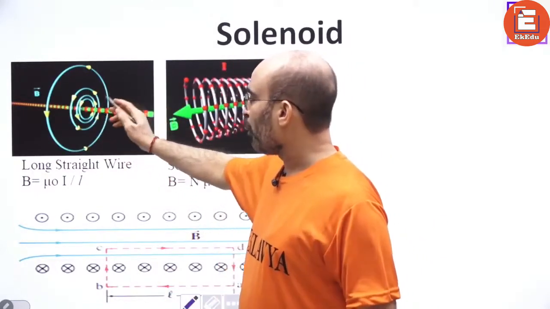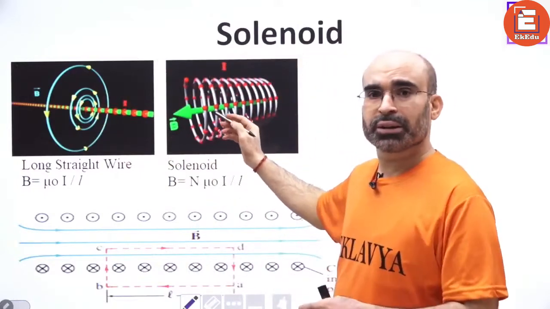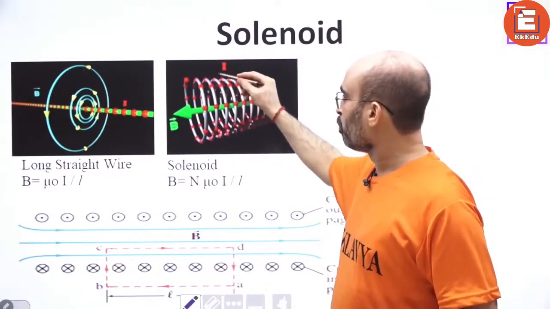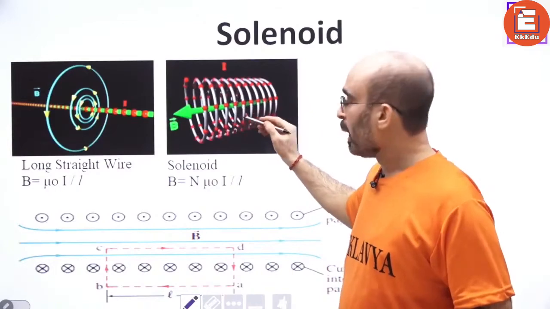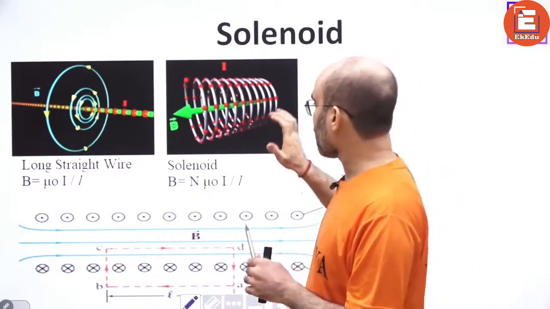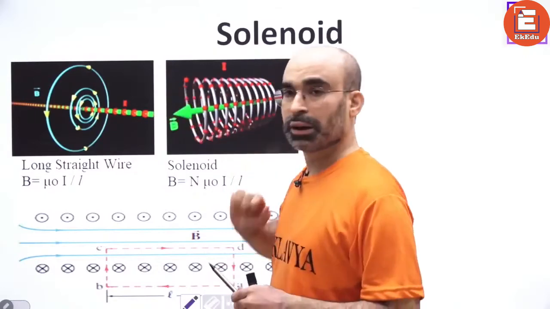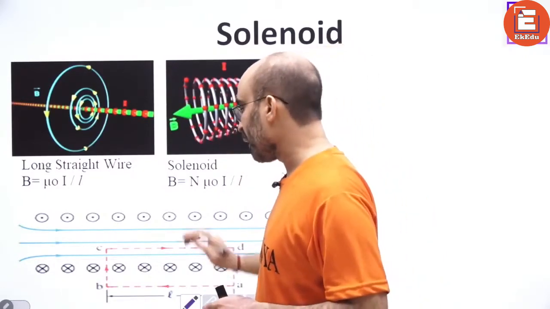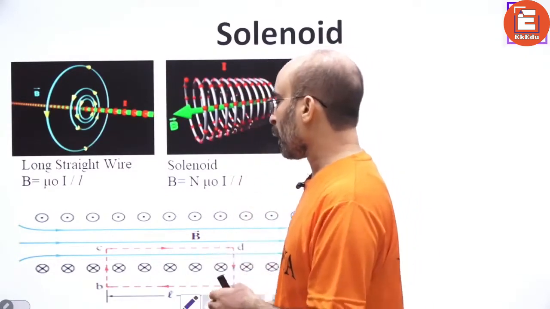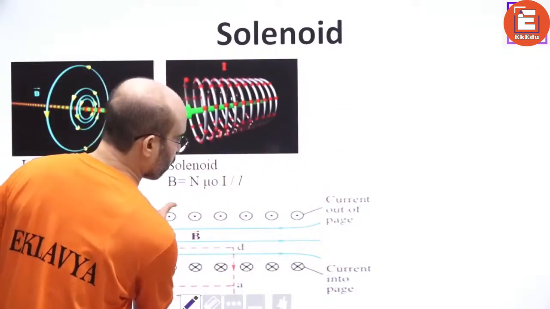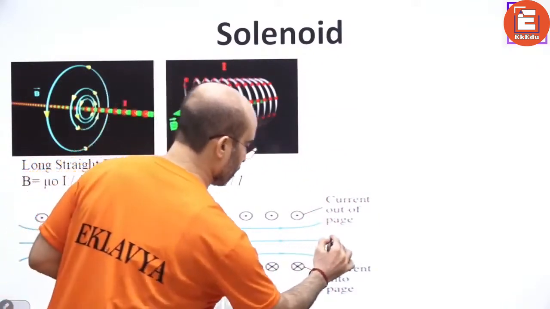And now this is solenoid. What is solenoid? This is a wire of multiple turns. Okay. Current is flowing in this direction, and magnetic field is in this direction. Right? So here, current is flowing like this, magnetic field is like this.